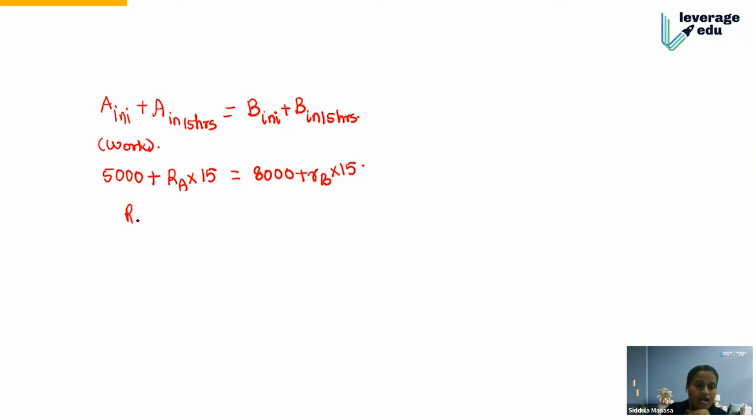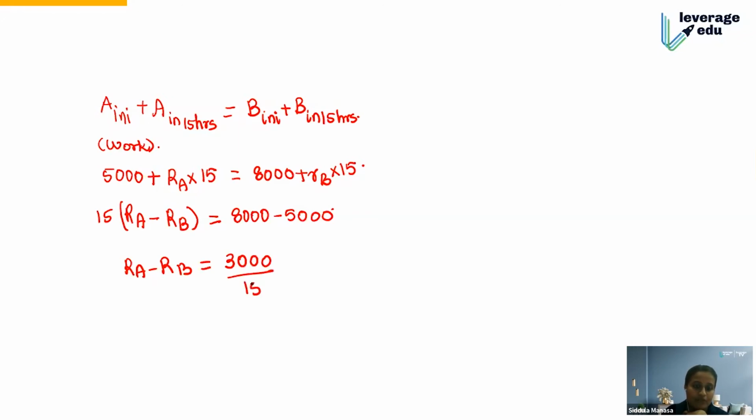That becomes 15 taken out as a factor, RA minus RB, which will be equivalent to 8000 minus 5000. Therefore, the difference between these rates will be equivalent to 3000 divided by 15, which is nothing but 200.